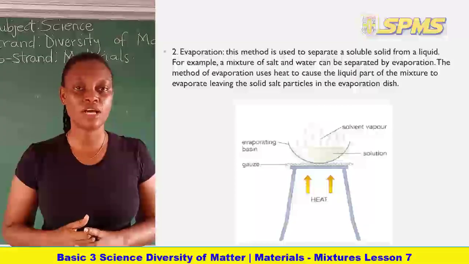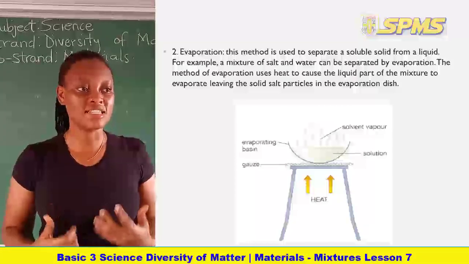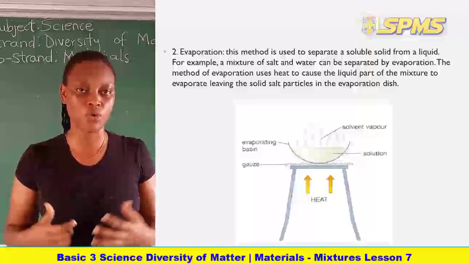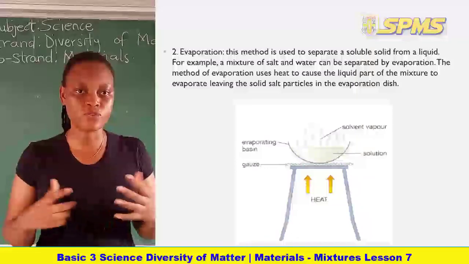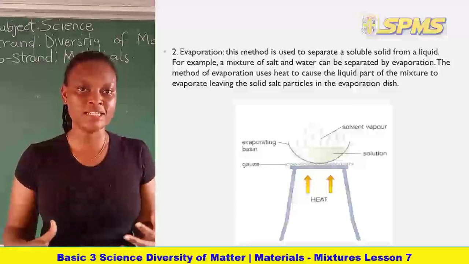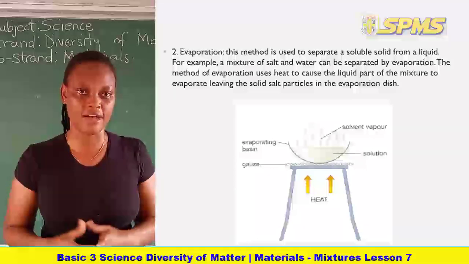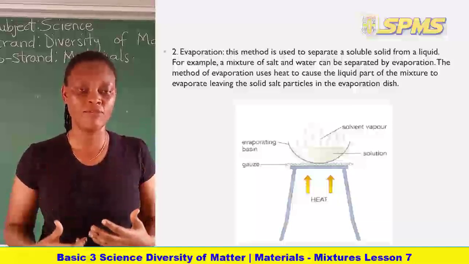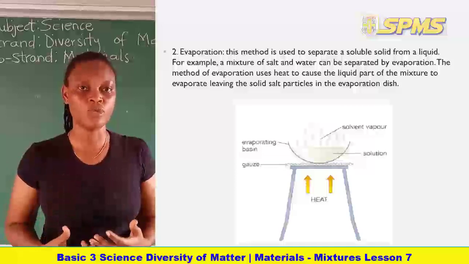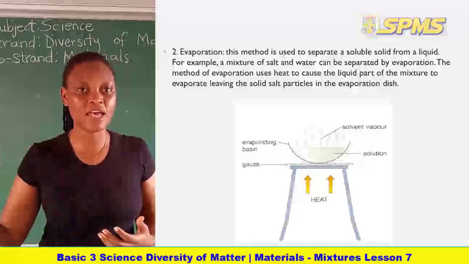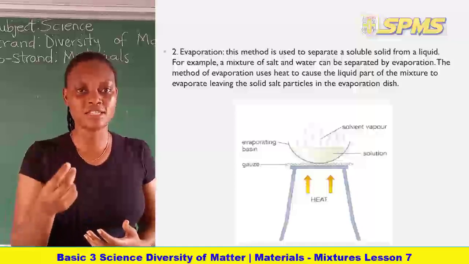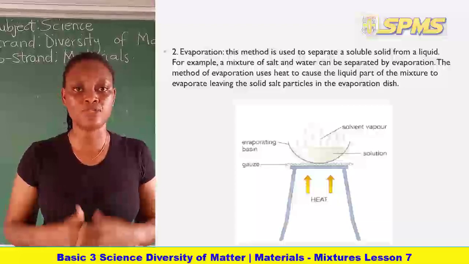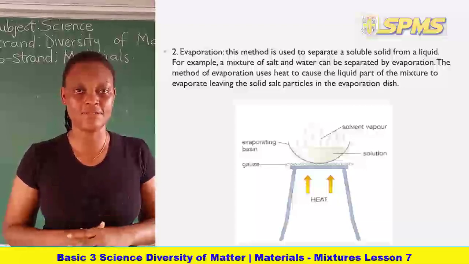We can see that on our screen, which uses heat to take out the water from the salt. The mixture of salt and water is placed under heat, that is fire. The water will have to boil for a long time, so that the water can disappear and then leave a whitish substance in the basin. So that is about the evaporation method.